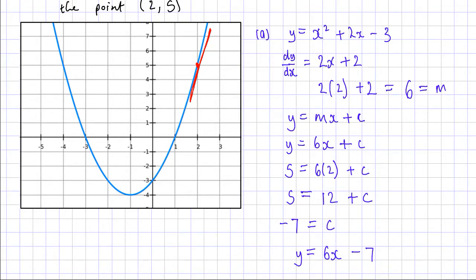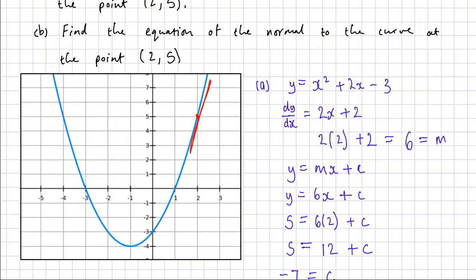Now the equation of the normal at the same point. The normal is a line that is perpendicular to the tangent, so it's going to go like that. If I draw a line like that, and we have a right angle here, this is the normal to the curve at that point.